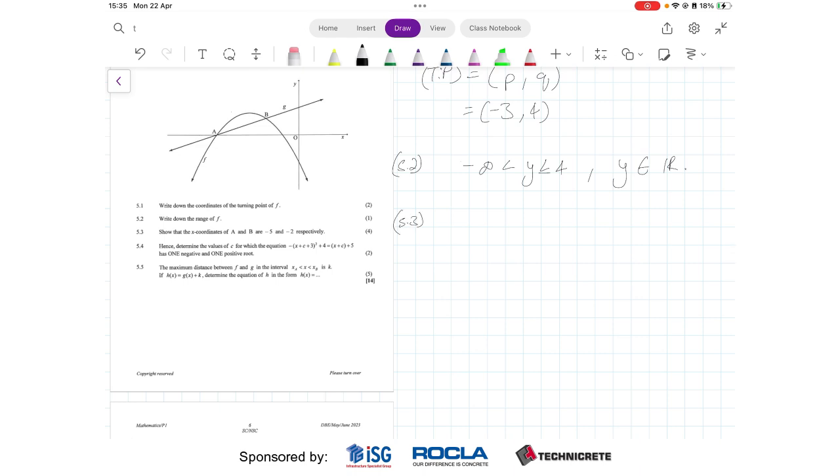5.3. Show that the x coordinates of A and B are -5 and -2 respectively.